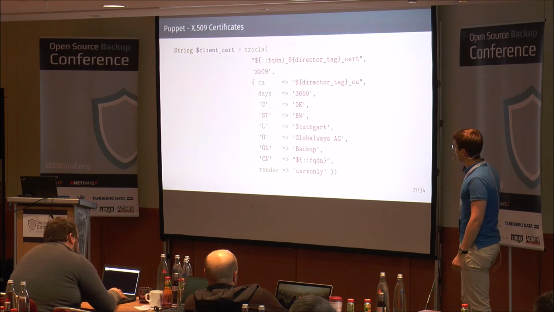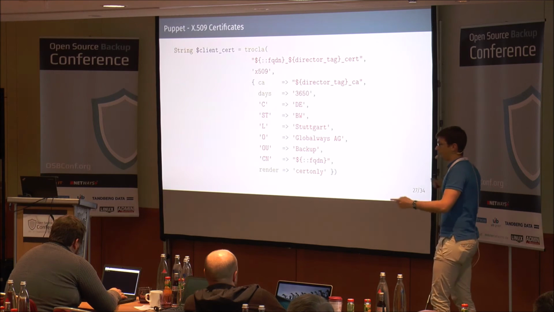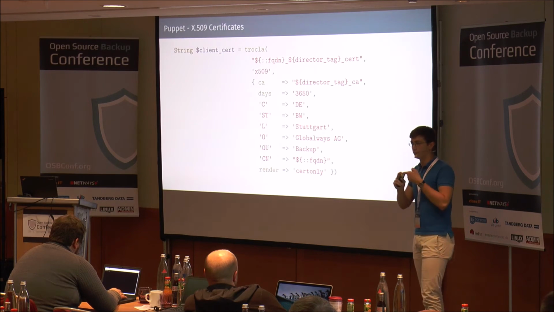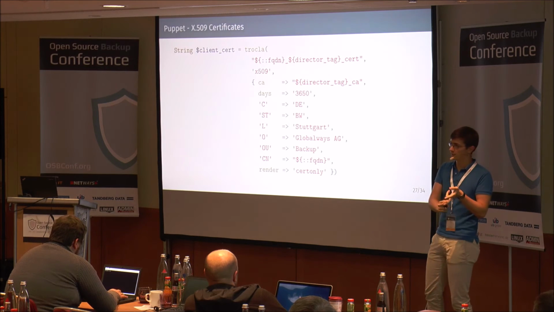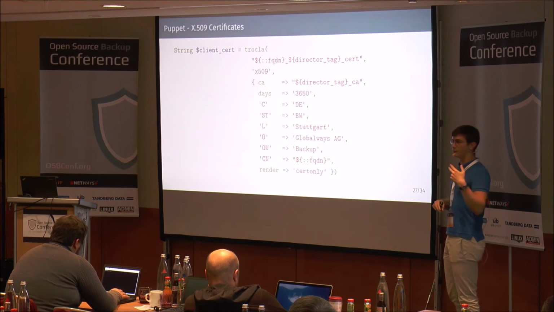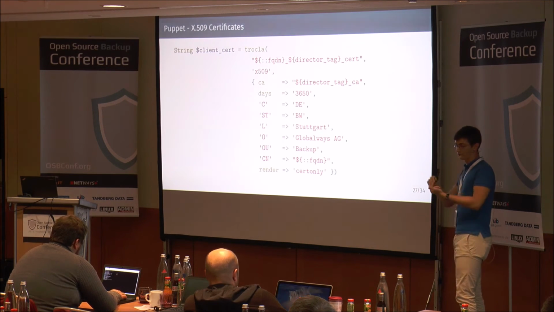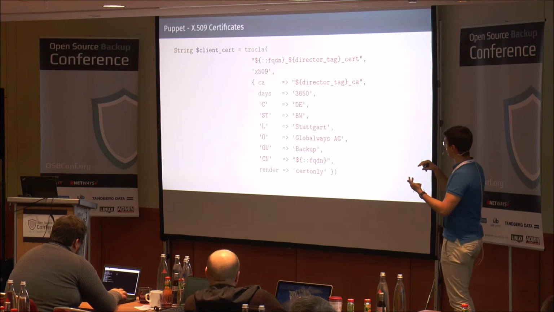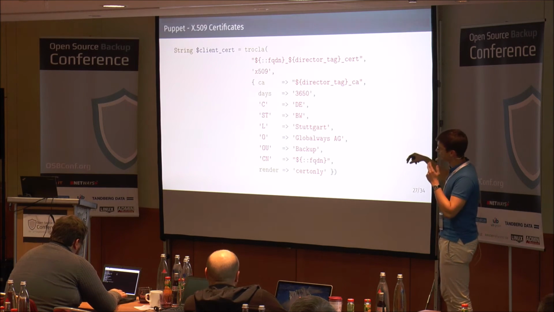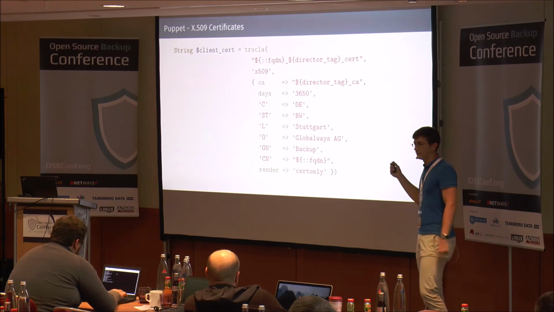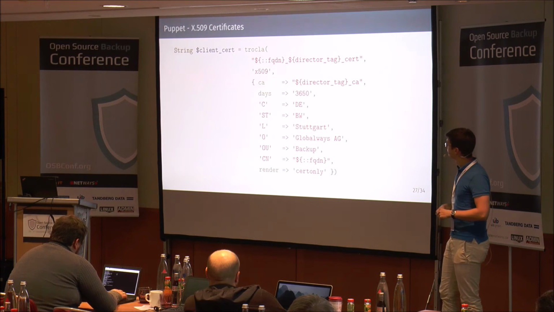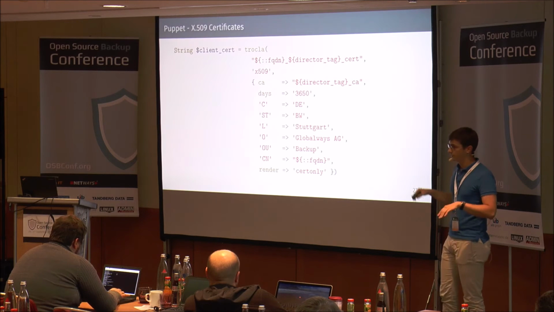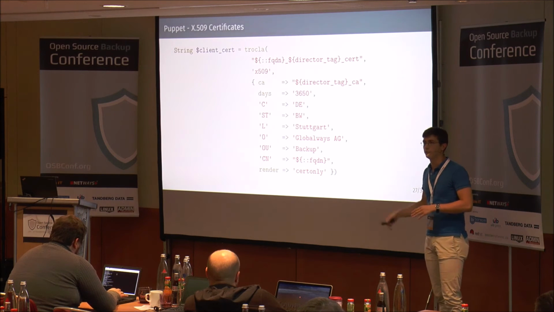So with some easy steps, we get a new certificate authority for each director, and each client and storage daemon, and so on, which connects on bconsole and so on to the director, gets a signed certificate and key from Puppet just into the file system where it can be used.